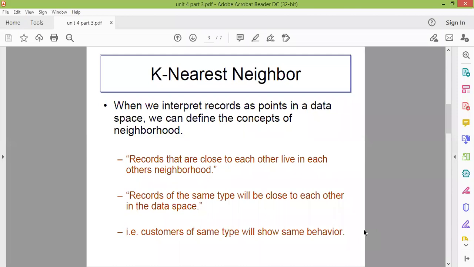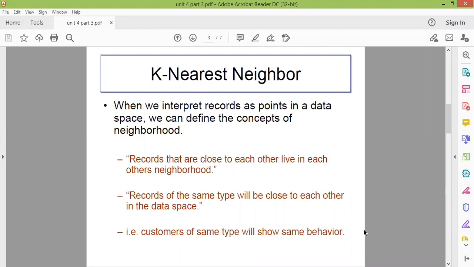When we interpret records as points in the data space, we can define the concept of neighborhood. Points in a space means you are representing the points in a plot, in the x dimension and the y dimension. Records that are close to each other live in each other's neighborhood.